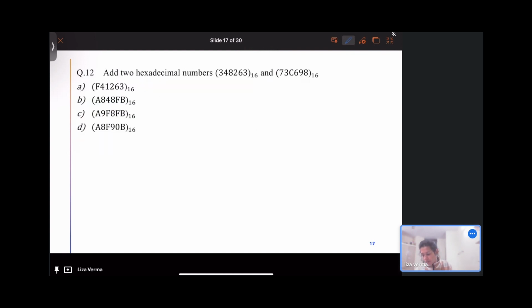So the next question. Add 2 hexadecimal numbers. Okay, so this is just simple addition, but with hexadecimal numbers. Let's see how we do it. 3 4 8 2 6 3 and 7 3 C 6 9 8. These are in hexadecimal and we need to add them.